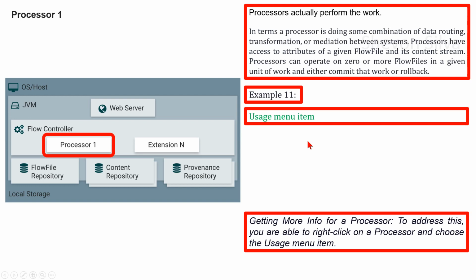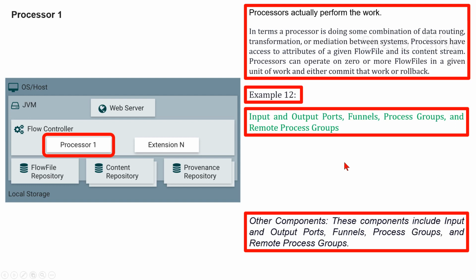To address this, you are able to right click on a processor and choose the usage menu item. This will provide you with the processor's usage information, such as a description of the processor, different relationships that are available and when they are used, properties that are exposed by the processor and their documentation, as well as which flow file attributes, if any, are expected on incoming flow files, and which attributes, if any, are added to outgoing flow files.